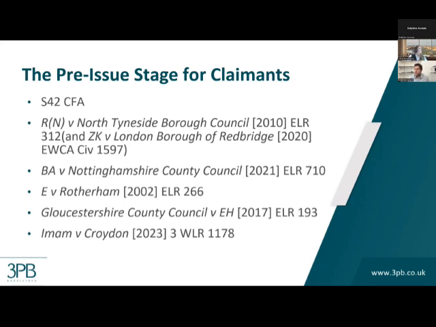There are three authorities at the bottom of the slide that you don't often see referred to under Section 42 claims, but they are worth bearing in mind generally. E and Rotherham from 2002 effectively supports the proposition that a local authority cannot amend an EHC plan unilaterally by choosing what part of an EHC plan to implement.